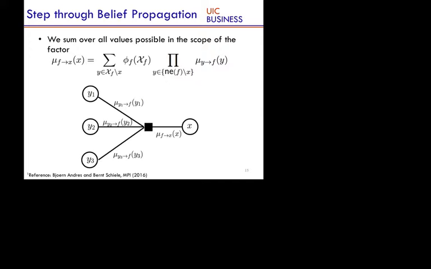You will see that some messages will not be available if you don't follow a particular natural ordering. And then from the root you can again propagate back all the way to the leaves. Since the root node will now have messages from everybody in its neighbor, so you can pass messages back the way you got the forward messages.